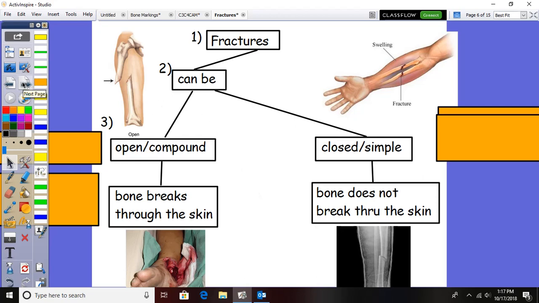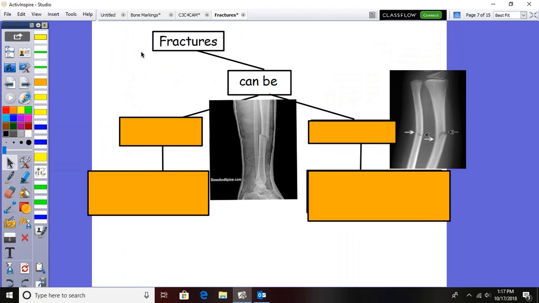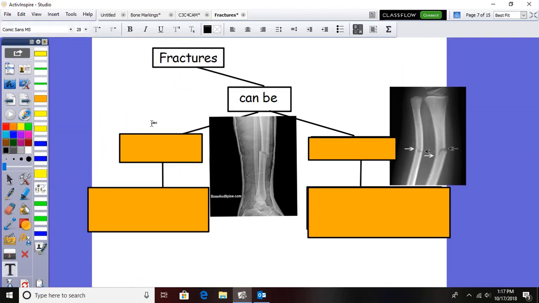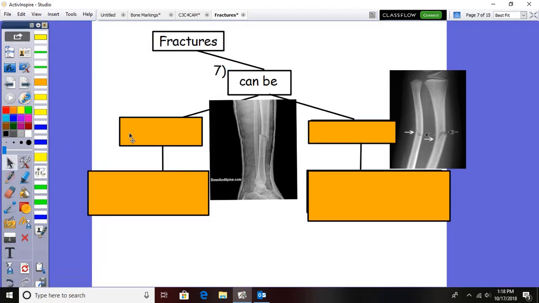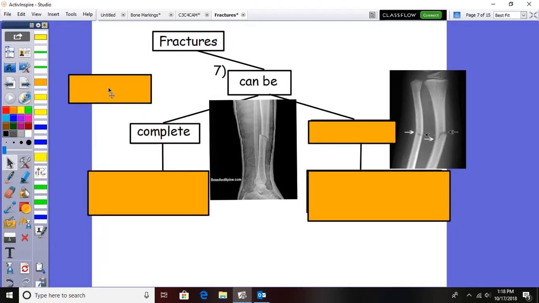Okay, so we're going to go over to the right hand side of your sheet, and you have this box here that is labeled, I think, number 7. And don't worry if we go slightly out of order, that's fine. Another way we can classify fractures is as complete or incomplete.